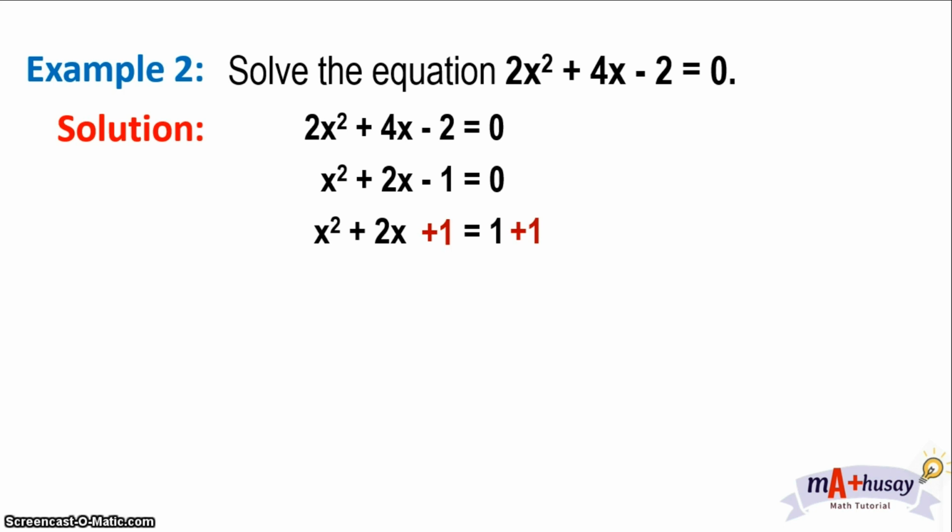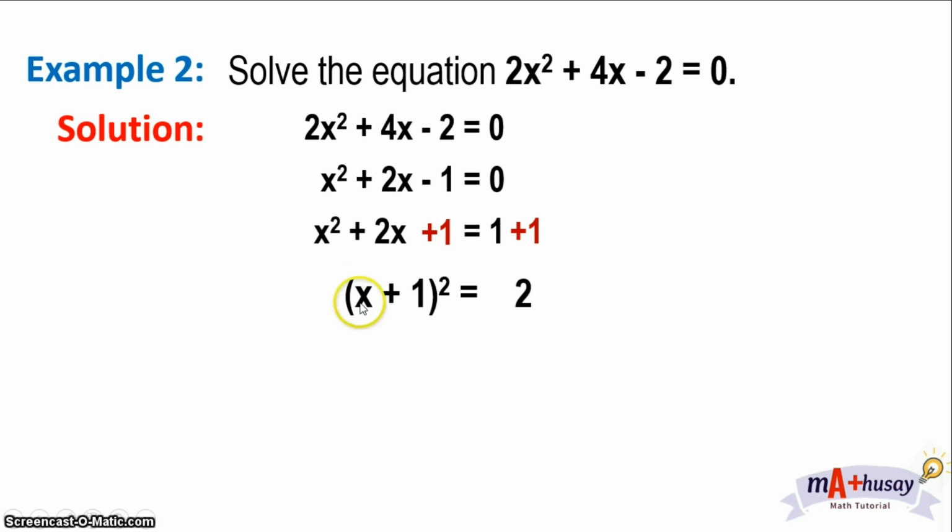Now, let's combine and simplify this. So, as you can see, sa equation natin, sa right side, 2 na lang yan siya. Kasi 1 plus 1 is 2. But on the left side of the equation, it's a perfect square trinomial and we can rewrite it as square of binomial.